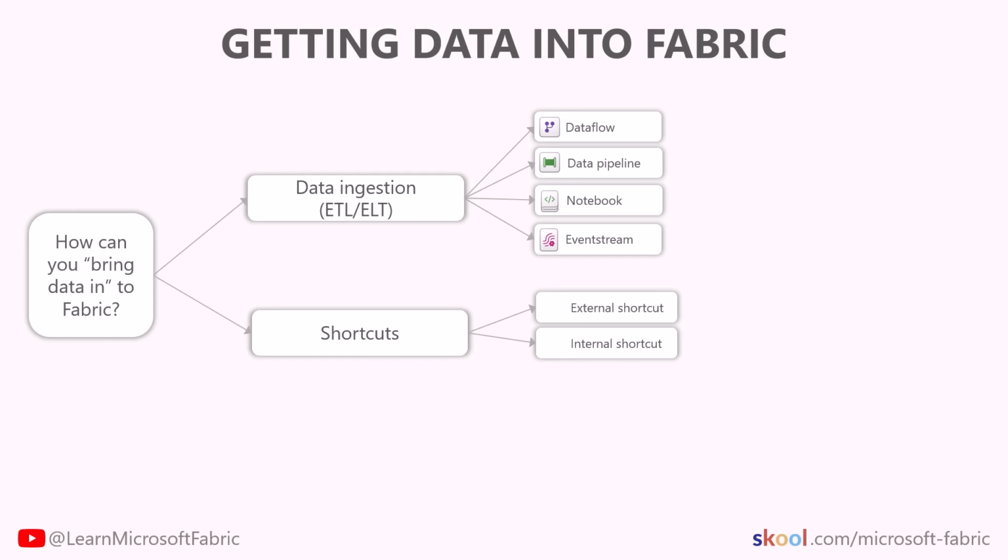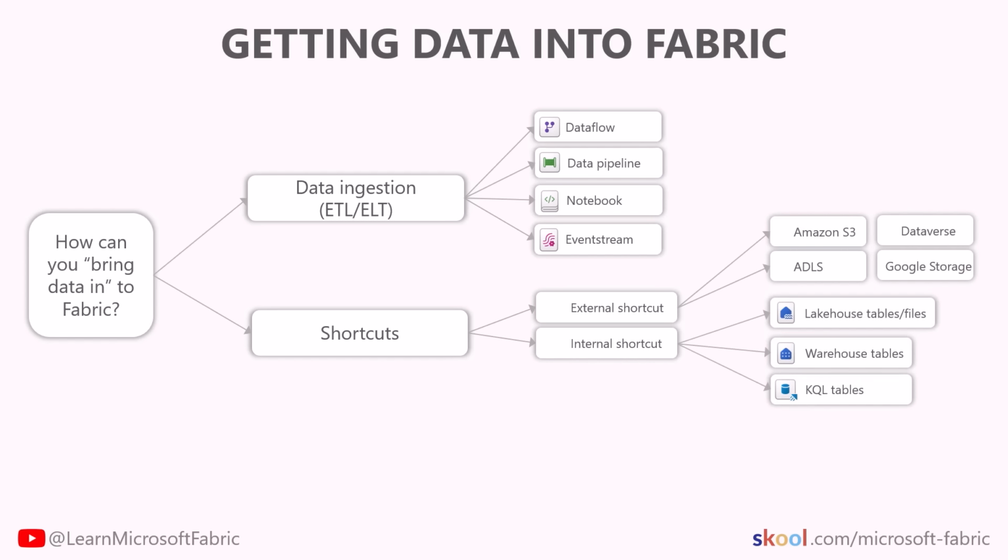Now, there's 2 different types of shortcut. We can have an external shortcut, which, as I said, allows us to connect to these external systems, or an internal shortcut that allows us to create links to other tables that we have within our Fabric environment. So we'll also be looking at shortcuts.